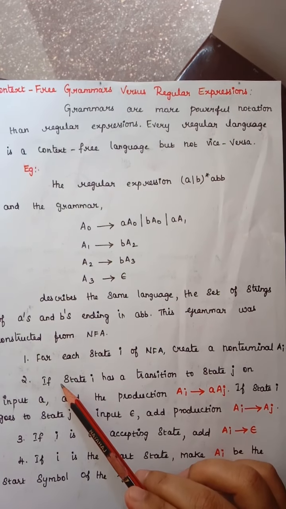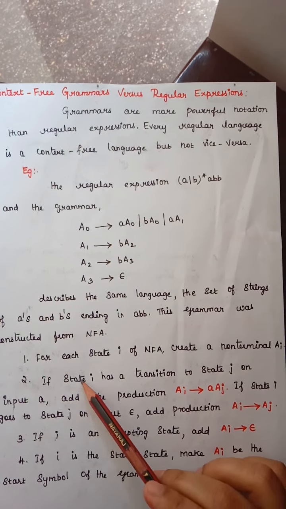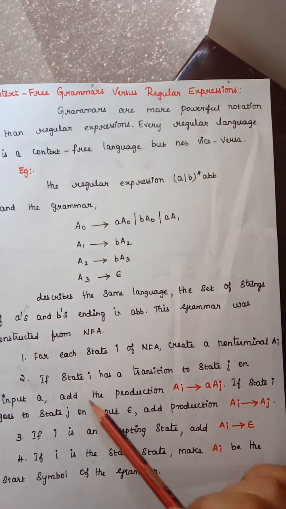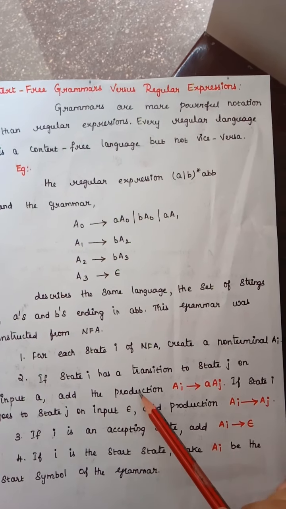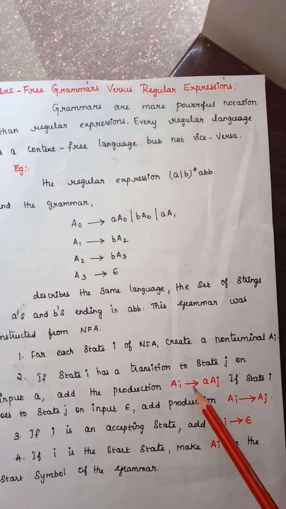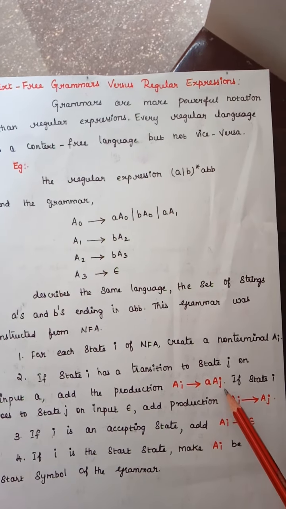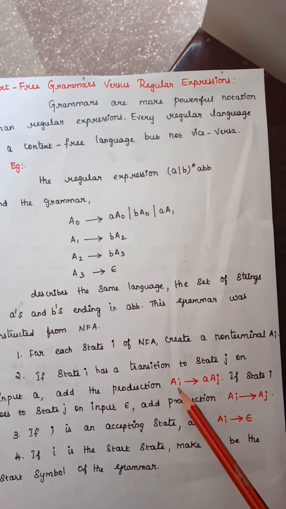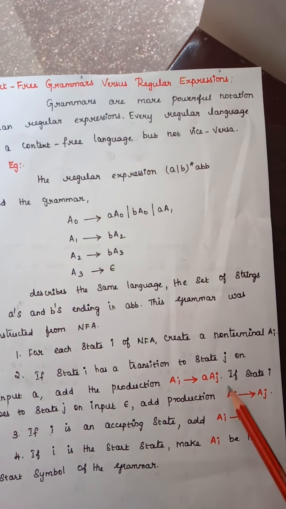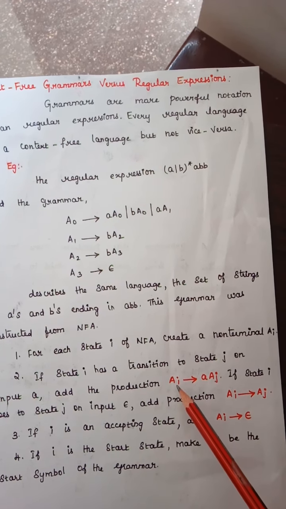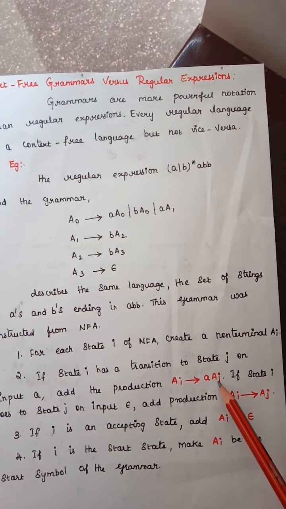The second rule is, if state I has a transition to state J on input A, then we can add the production AI implies AJ. So if there is any transition from state I to state J on input symbol A, then we can write the production like this.